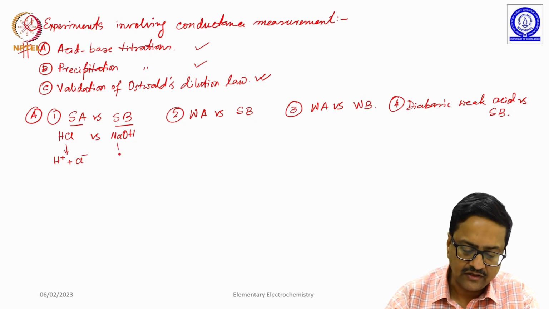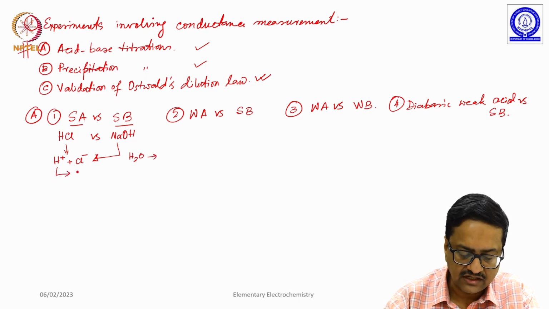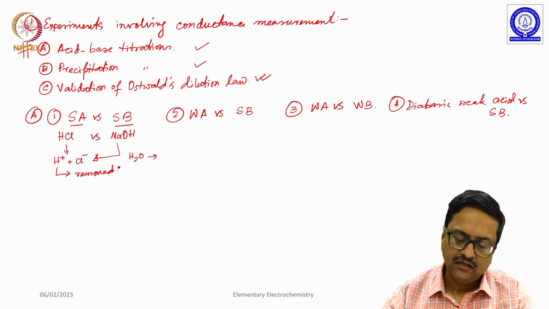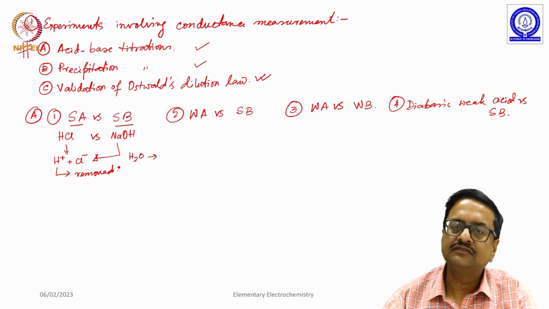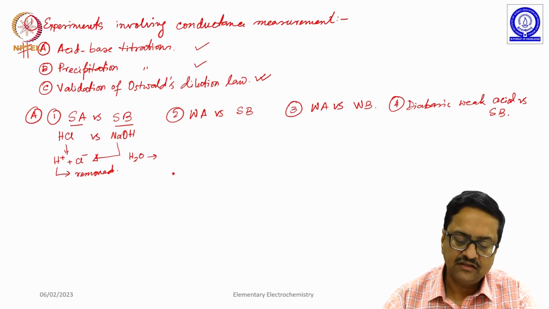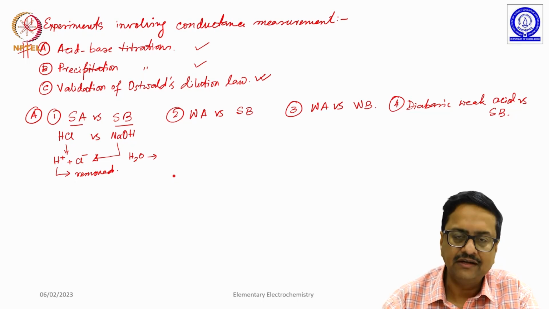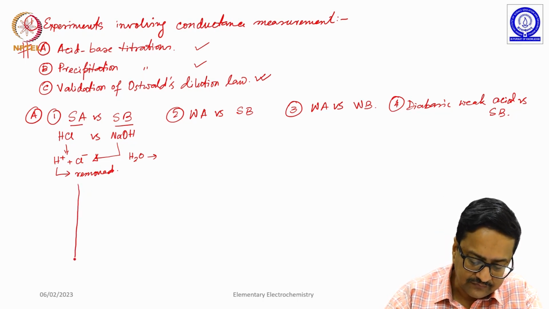So when we add NaOH to this, water is formed and H+ ions are removed continuously. So what do we know about H+ ions? The conductivity of H+ ion is extremely high. So as soon as we start removing the H+ ions from a solution, the conductivity of that solution should tend to decrease. How should that decrease happen?